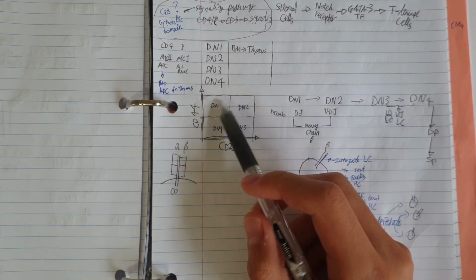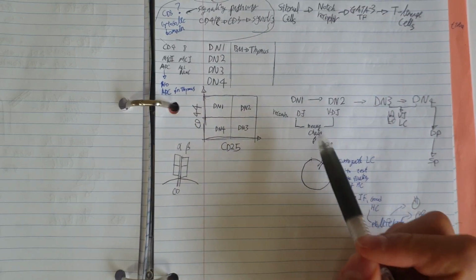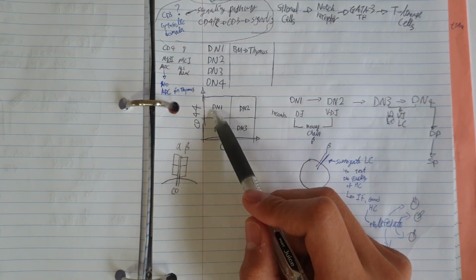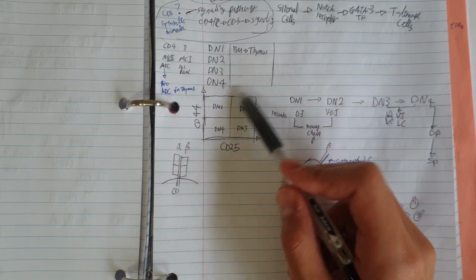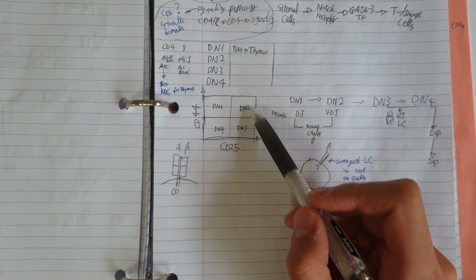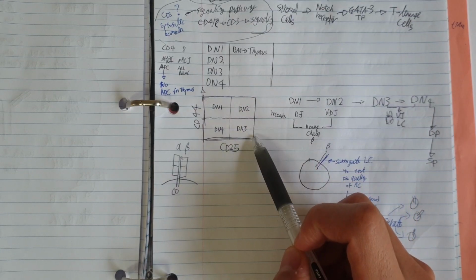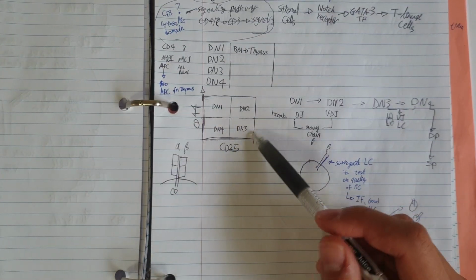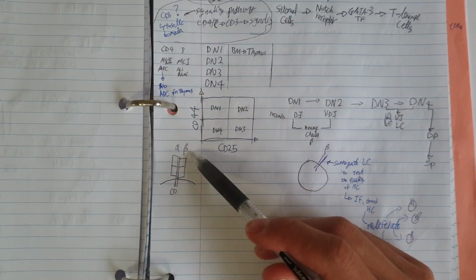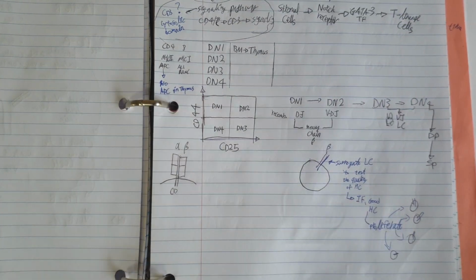Double negative 1 has CD44 and CD2, but does not have CD25. At double negative 2, it has CD44 and has CD25. At double negative 3, it does not have CD44 and it still has CD25, and at the end, double negative 4, neither CD44 nor CD25 is present.